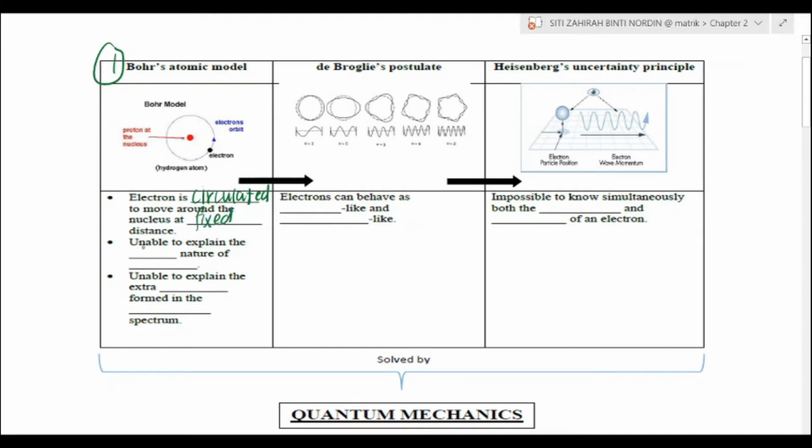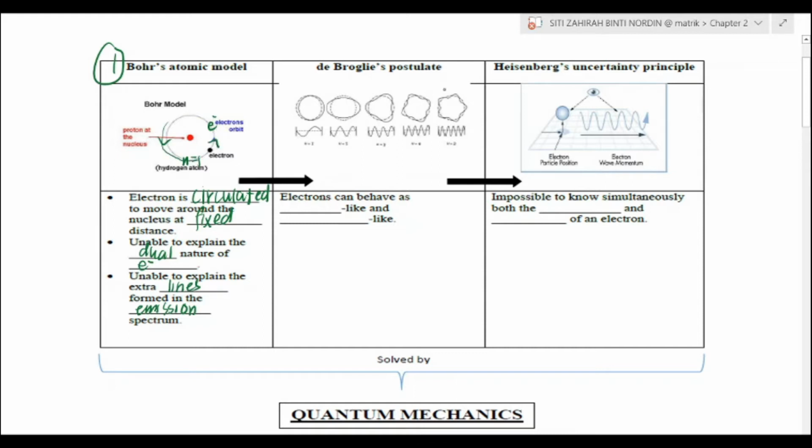Bohr was also unable to explain the dual nature of the electron, and unable to explain the extra lines formed in the emission or energy level diagrams. For example, if you've got an electron at, let's say, n equal to 1, this electron will circulate around n equal to 1 only.